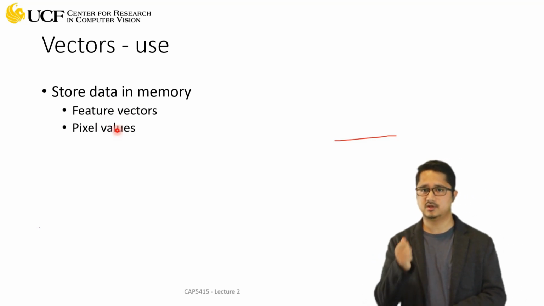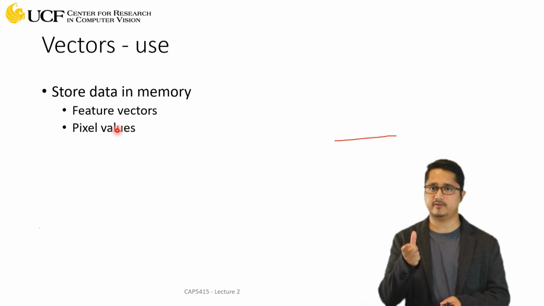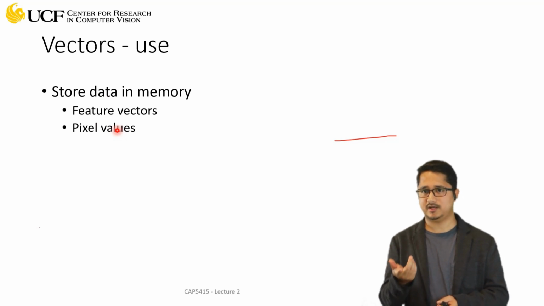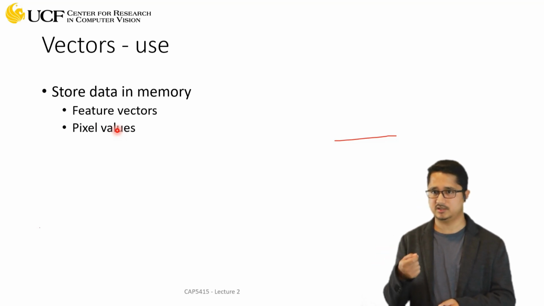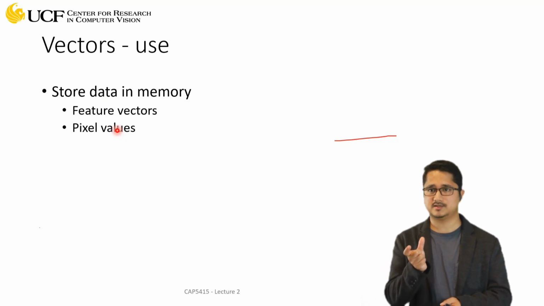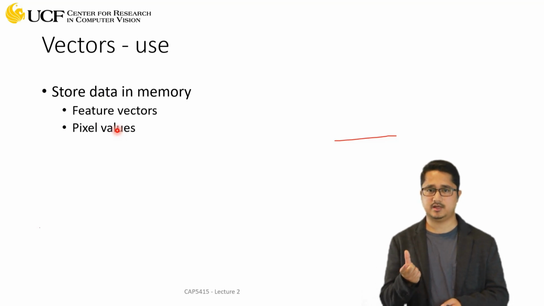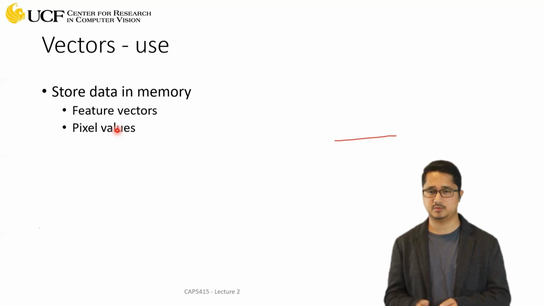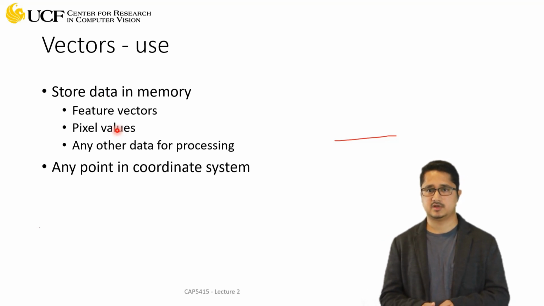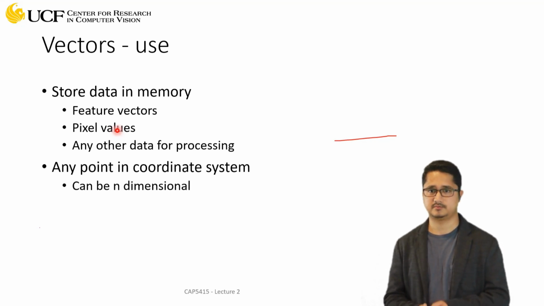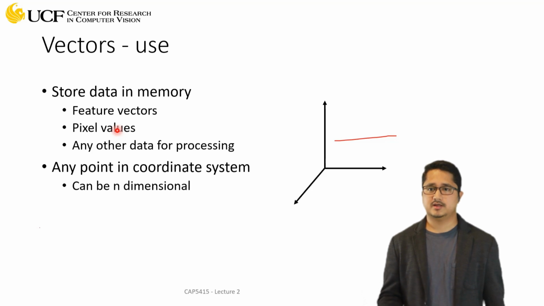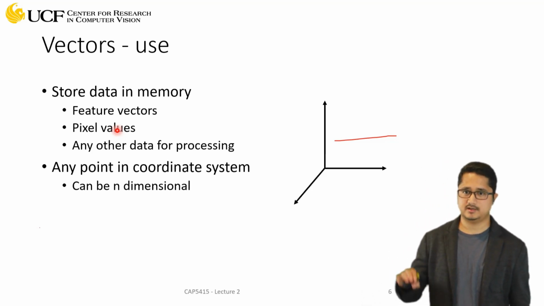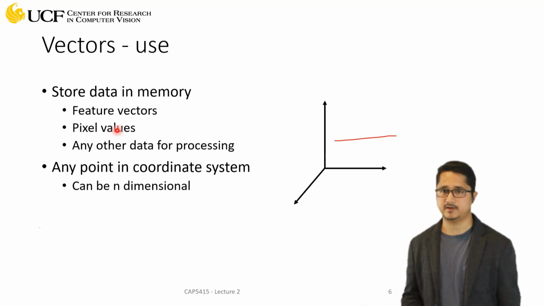So for each pixel location, you can have a vector of size 3, for R, G, and B. So it's a 3-dimensional vector, and that represents each pixel in that image. So whenever you have to store data in memory, these vectors will come in very handy. All right, so let's now try to understand what these vectors represent in the coordinate system.